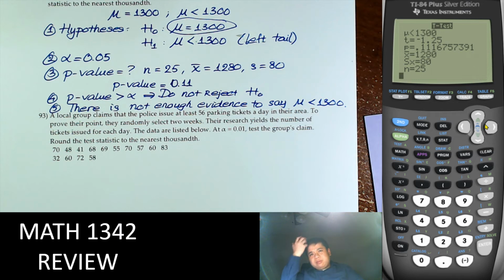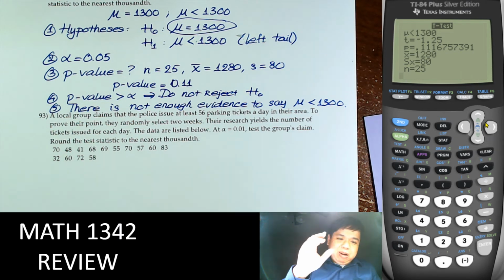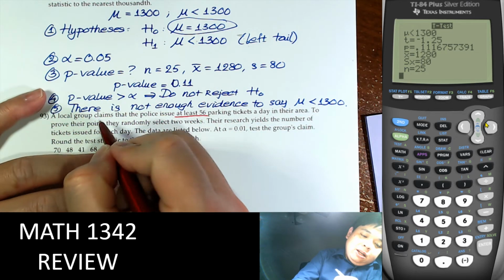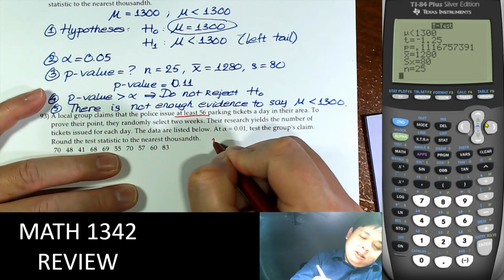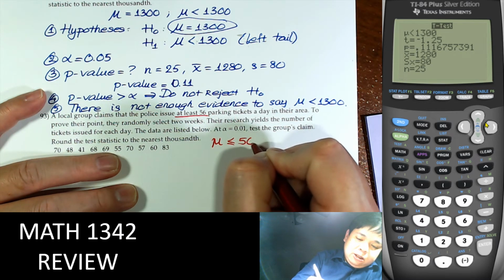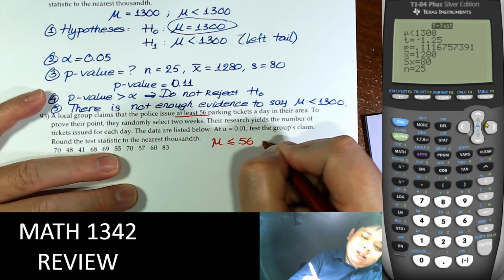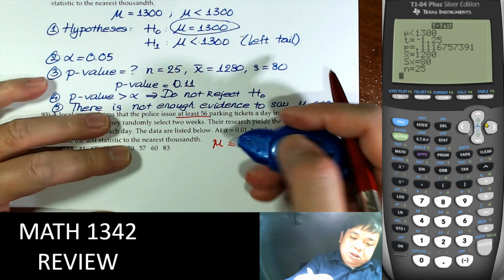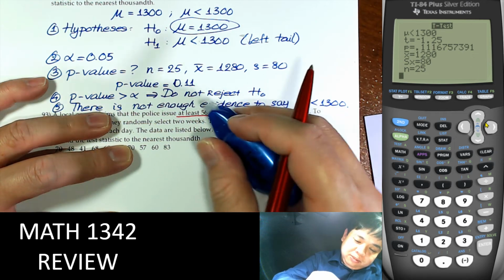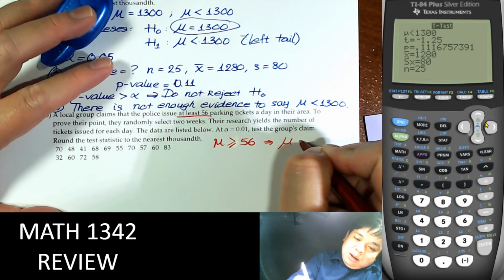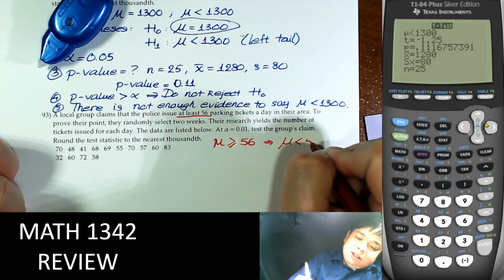Now the idea of this, you have to think a little. This one is clear: at least 56, the mean is at least 56. That means the complement is, if it's not at least 56, which means equal or more, then it will be less than 56.